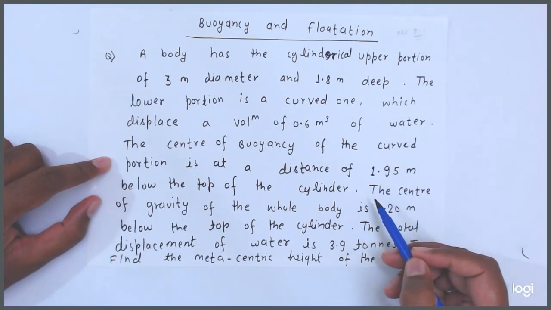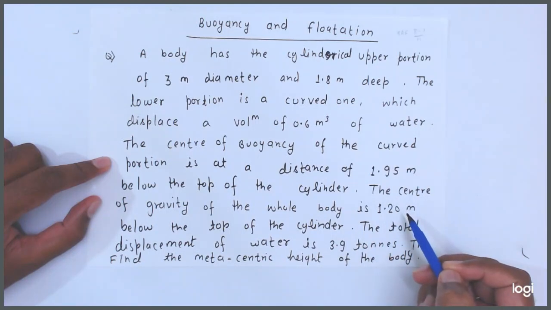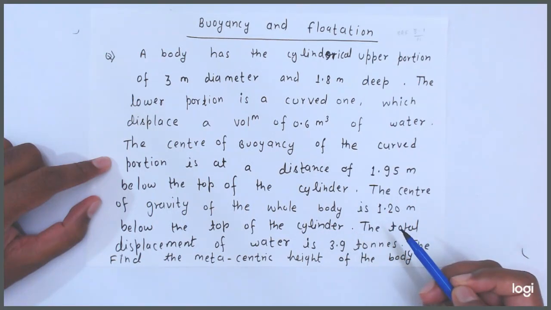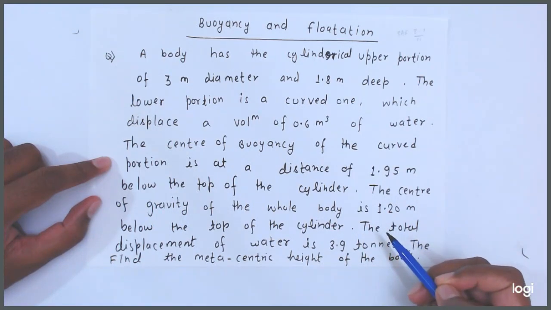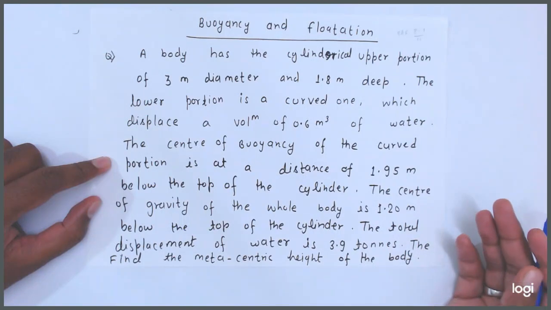The center of gravity of the whole body is 1.2 meter below the top of the cylinder. The total displacement of the water is 3.9 tons. Find the metacentric height of the body.